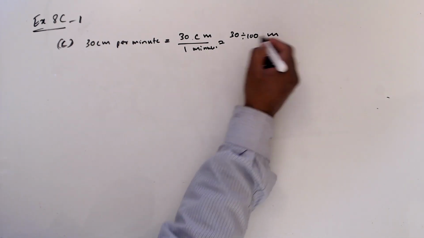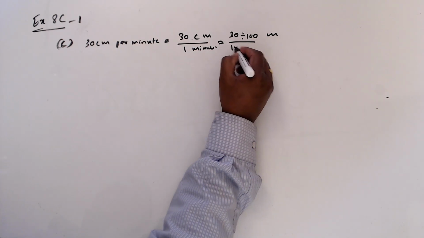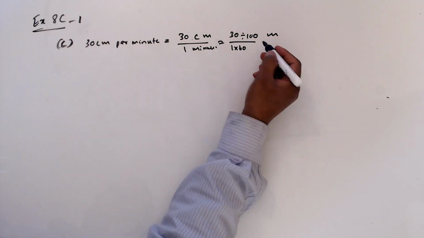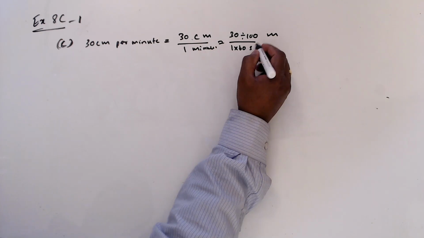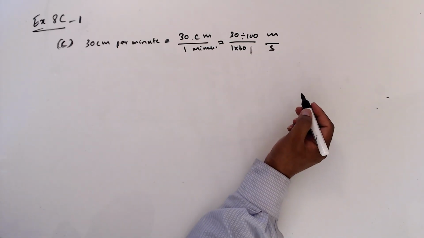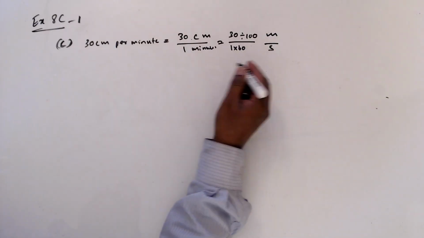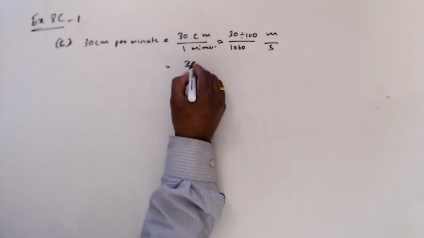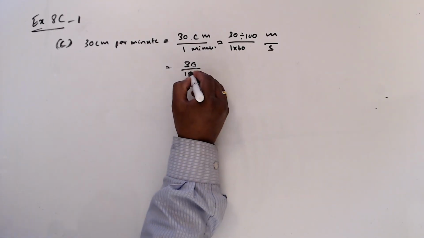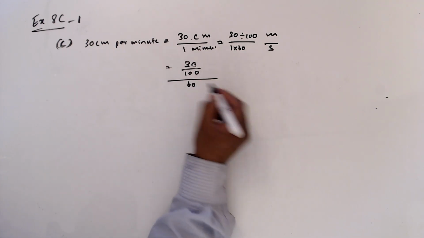So this has become meter, and 1 minute, when you multiply by 60 seconds, you will get the seconds. So this is 30 divided by 100, and the major division by 60.